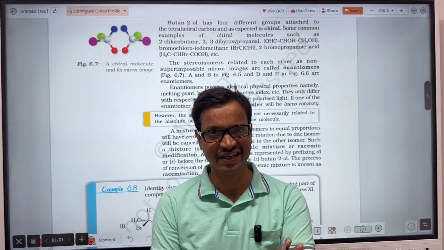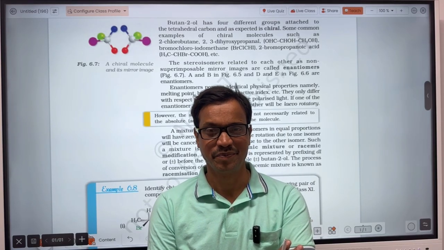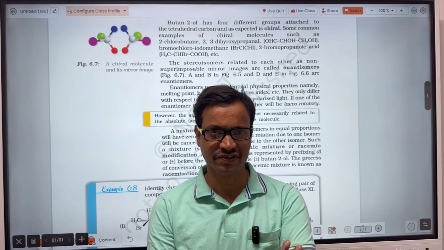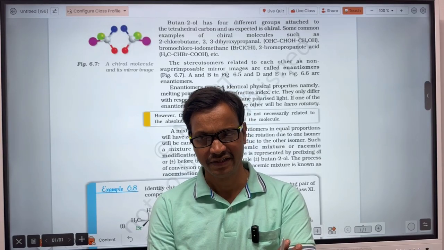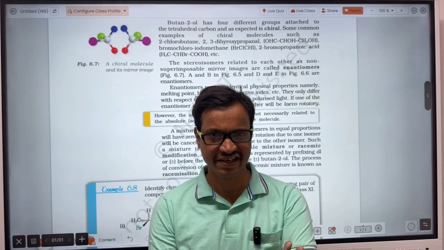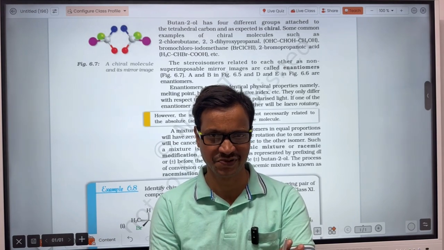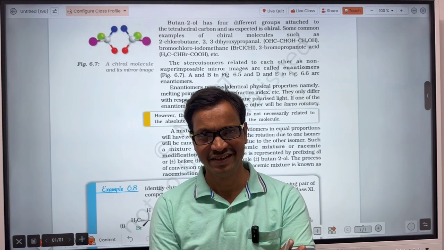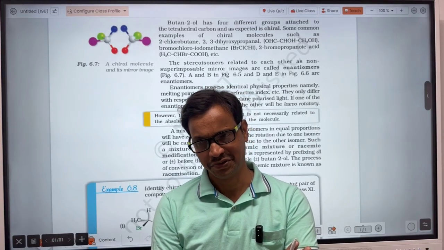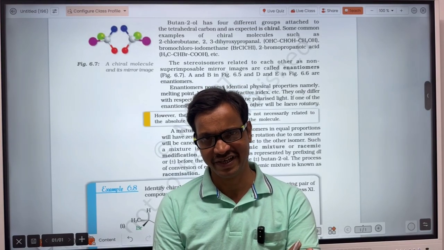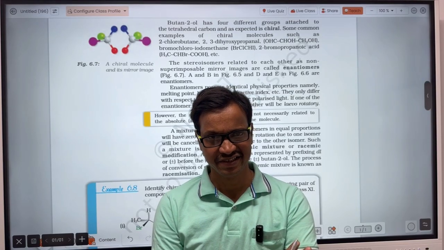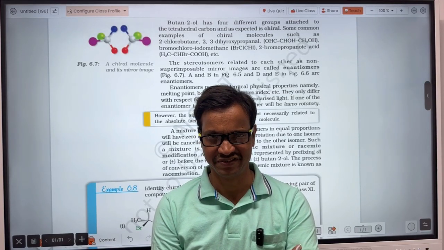The shape of the carbocation became trigonal planar. Now there will be retention of configuration if the nucleophile bonds to that carbon from the direction in which the halogen was, and there will be inversion of configuration when the nucleophile bonds to the carbon atom opposite to the direction in which the halogen was bonded.